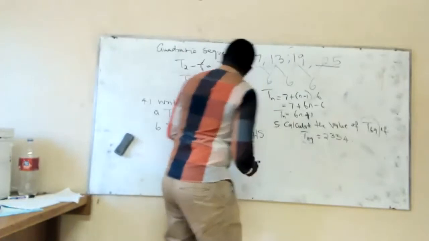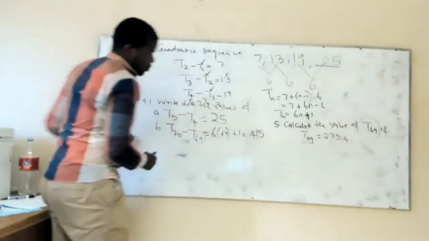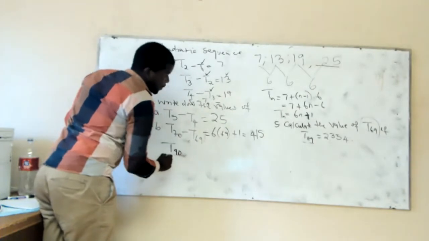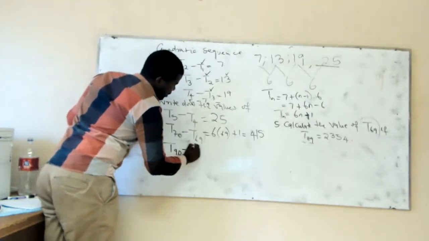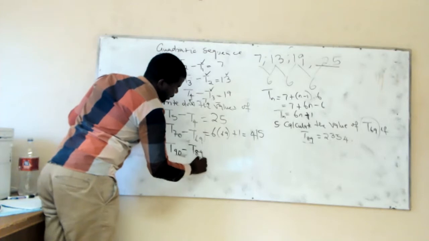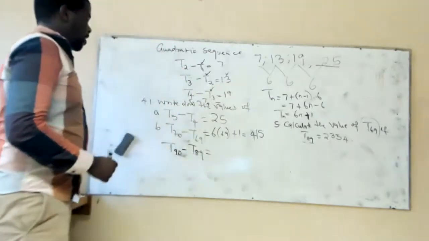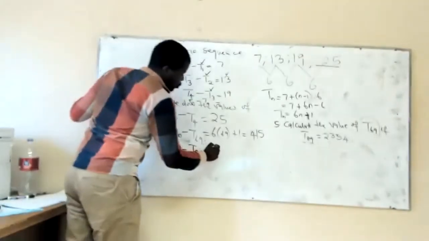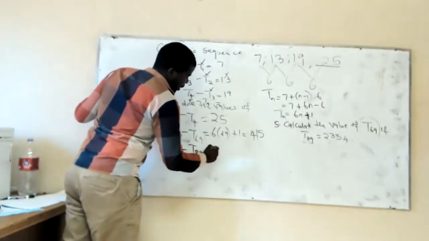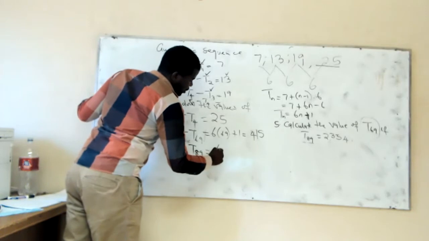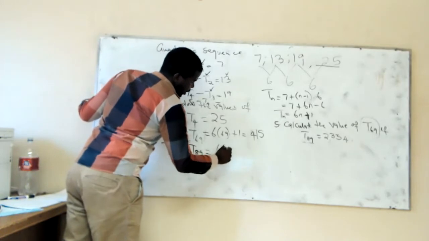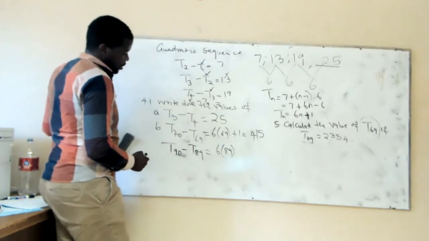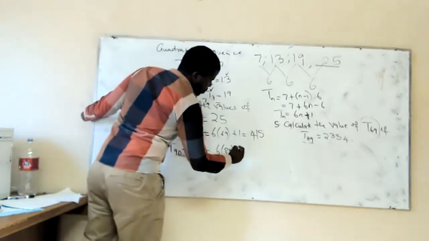So now what you're supposed to do is to get the difference here. The difference between that term we are given there is supposed to be T90 minus T89. This is the difference you're supposed to get. I want to obtain the difference by using 6 into 89 plus 1.